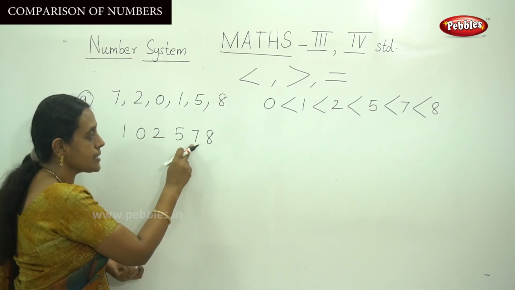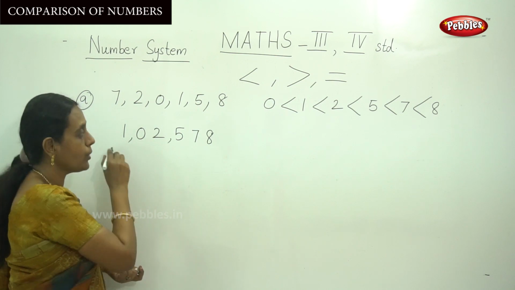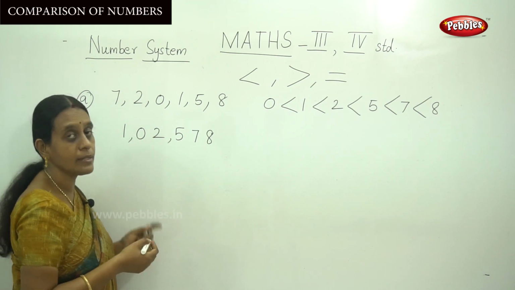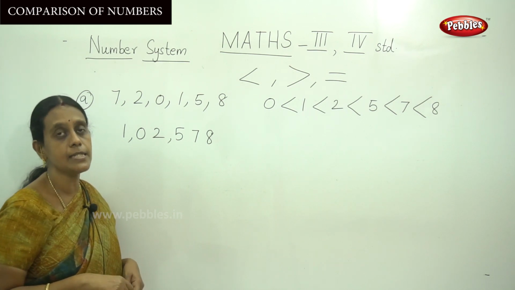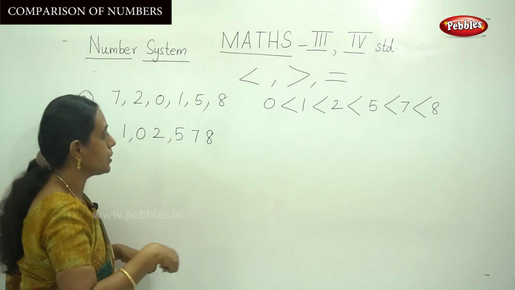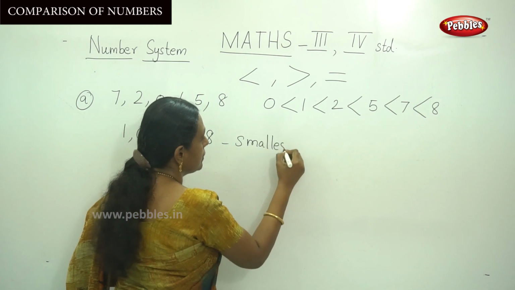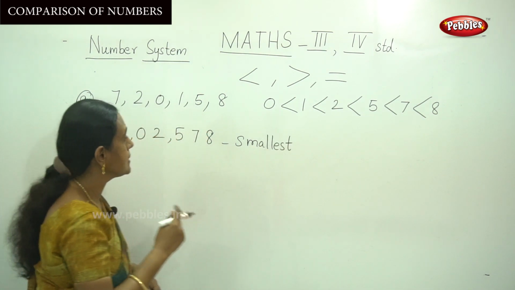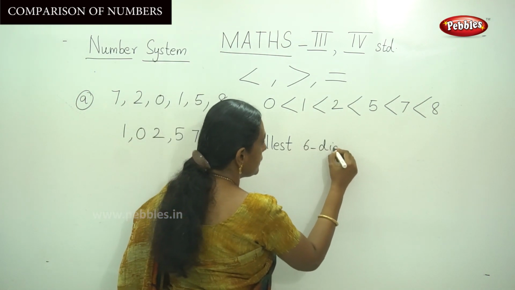That is ones, tens, hundreds, comma, thousands, ten thousands, comma. Now you can read this number: 1,02,578. So this is the smallest 6-digit number.